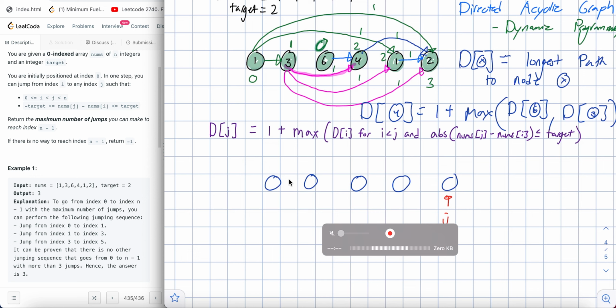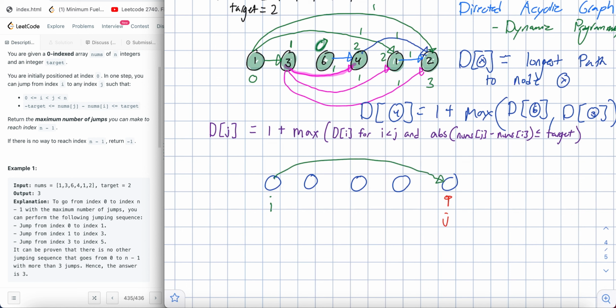If it does, then it'll build the link. Then maybe it'll ask the next one, does this thing have a value less than or equal to target? If it does, it builds a link. If it doesn't, it won't, et cetera.